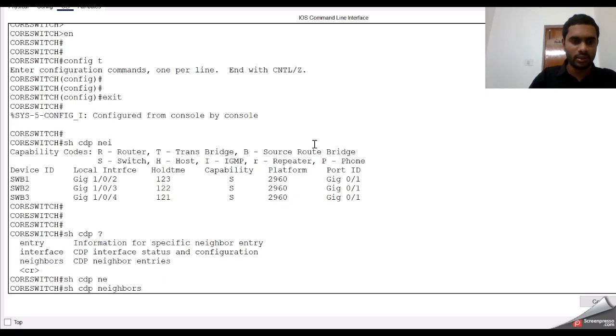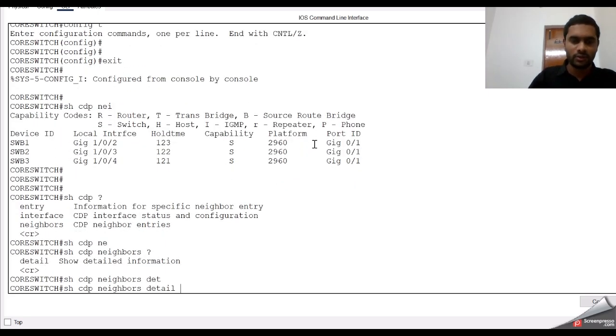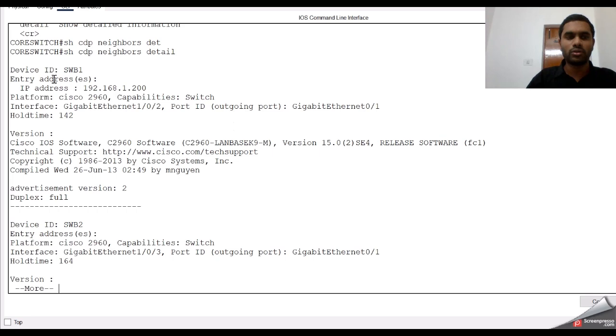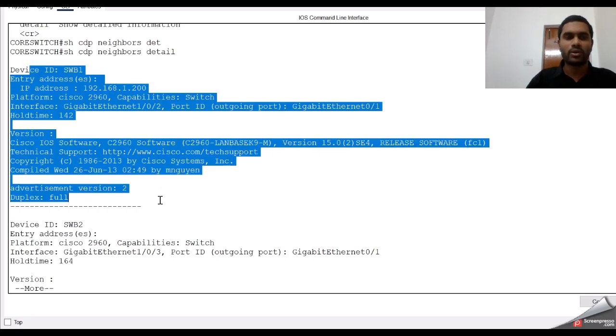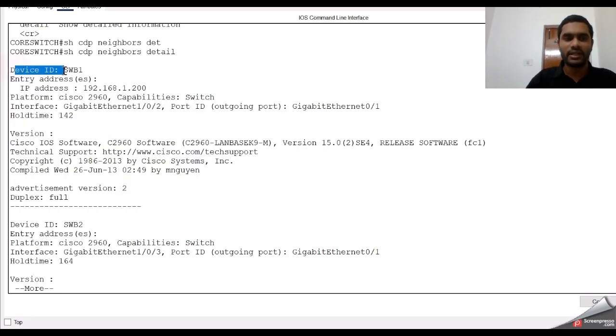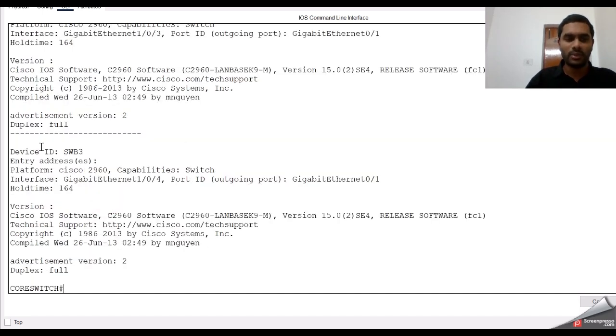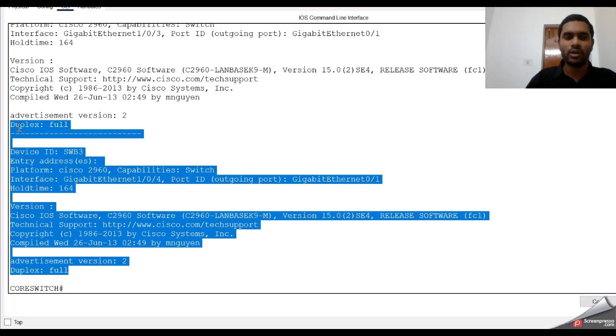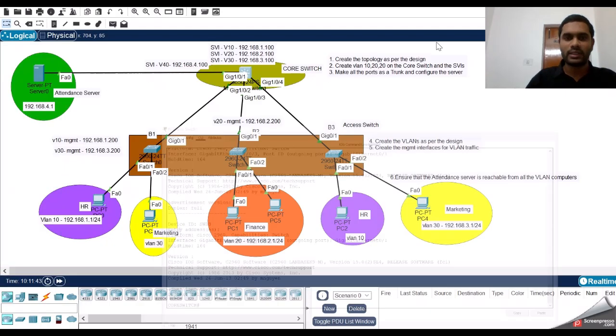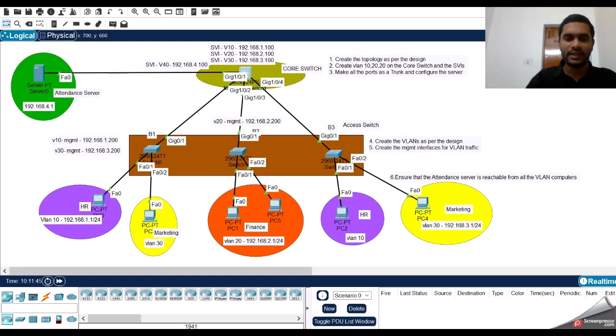Now if you see neighbors and detail, if you use detail it will show even more details about your neighbor. You can see it is telling device ID is switch from building 1, and it's showing the IP address 192.168.1.200, platform, which interface, hold time, and version also. If you see, duplex information is also shown, so you get multiple pieces of information. It's simple, you can also practice. So that's the use case of your CDP protocol.